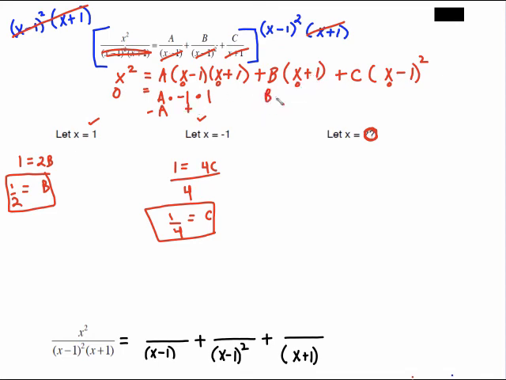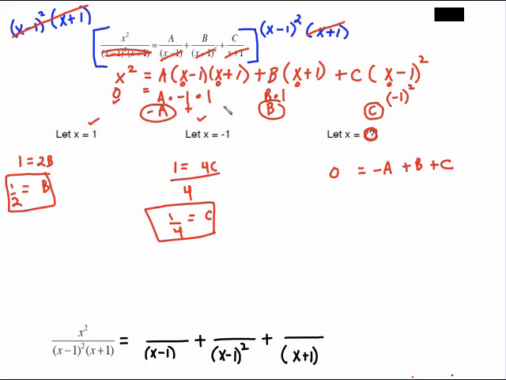So it's b times 1. So I'm running out of room here. This stays b. I've got a negative a. I've got a b. And over here, put 0 in here. 0 minus 1 is negative 1. Squared makes a positive 1. So this is just c. So putting all of those together in an equation, I have 0, because that's what that is right there. 0 equals negative a plus b plus c.